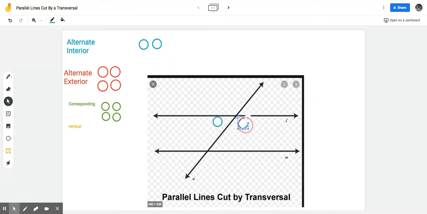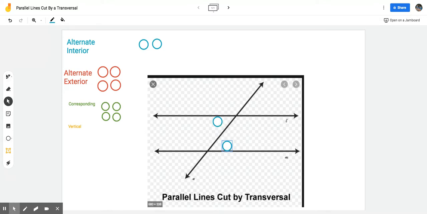So opposite, the complete opposite of it is going to be just down from it right here. And so this one is on the inside at the top on this side of the transversal, and then this one's on the inside at the bottom of this side of the transversal. So these would be alternate interior angles, and that means that they're the same.